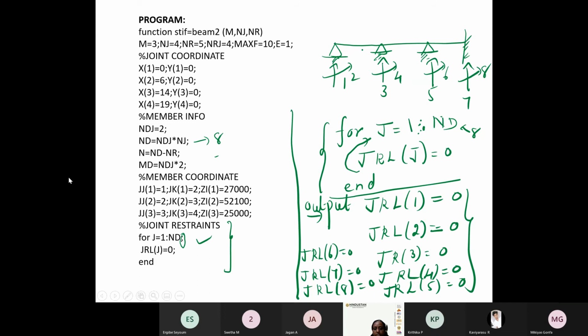So JK and JJ you have to take from here, and X value and Y value you have to take from here.